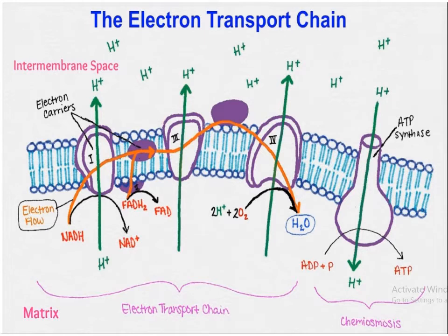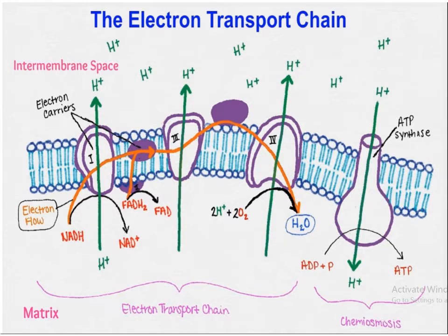The NADH and FADH2 are produced from previous pathways like the citric acid cycle, glycolysis, and other metabolic pathways.